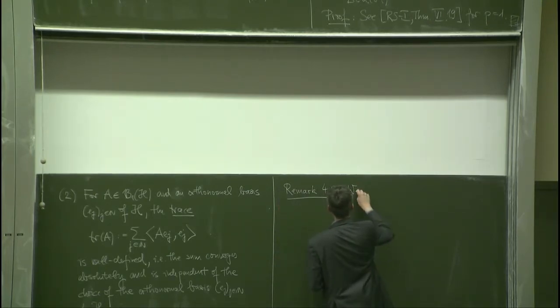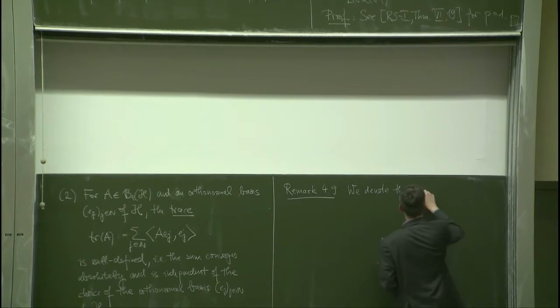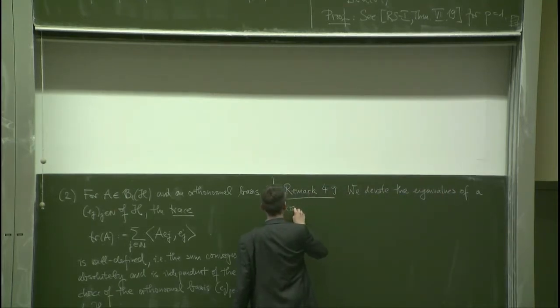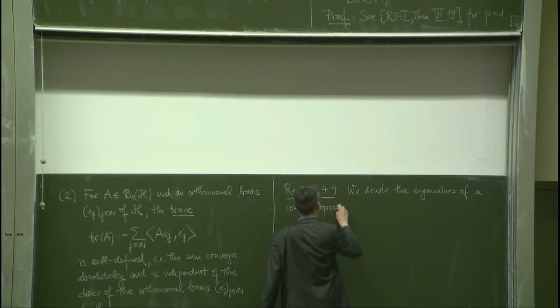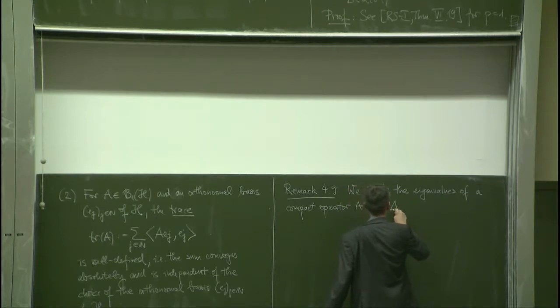We denote the eigenvalues of a compact operator A by, let's say, capital lambda j.